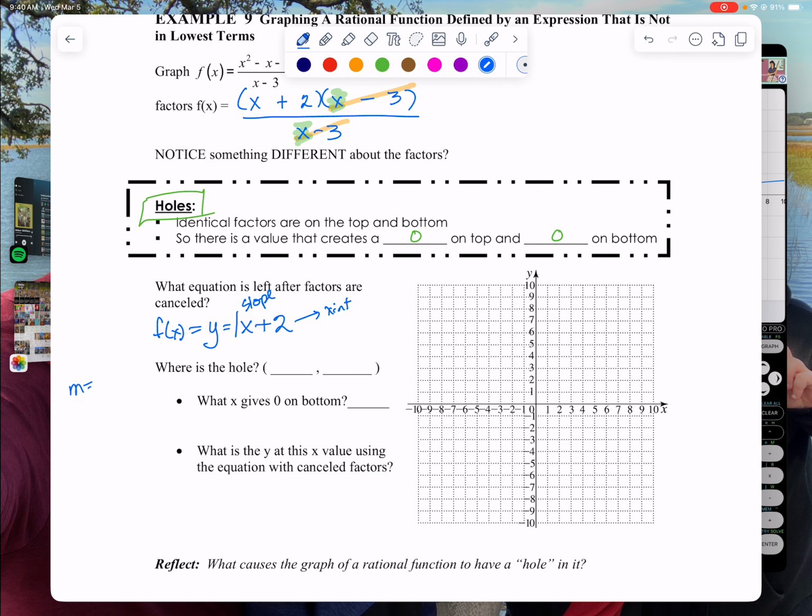So I'll start at 2, and then I go up 1 to the right 1, up 1 to the right 1. And I do a bunch because I am linearly challenged. In other words, I can't draw a straight line. Okay, but that's if the equation was just y equals x plus 2. But that's not what we started with, right? We started with a fraction.